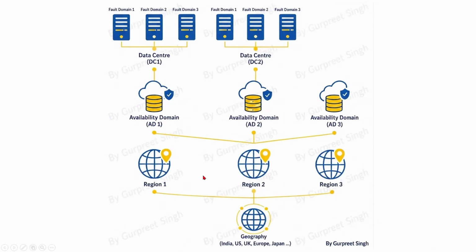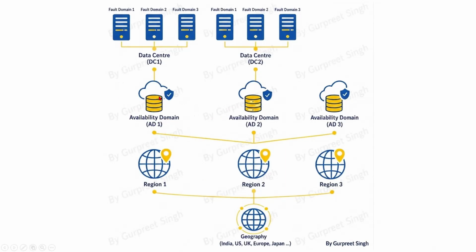For example, in US Ashburn, we have three availability domains. Like that, we have various regions in which we have multiple availability domains, physical data centers separated from each other, miles apart.